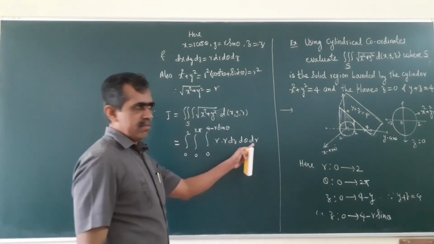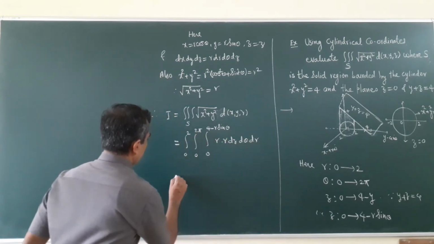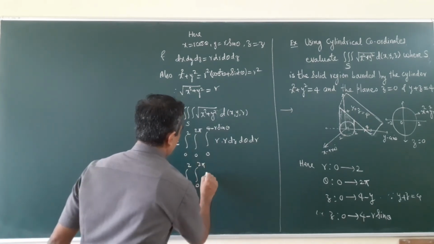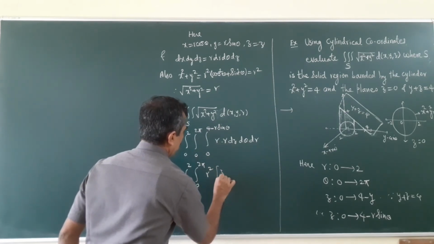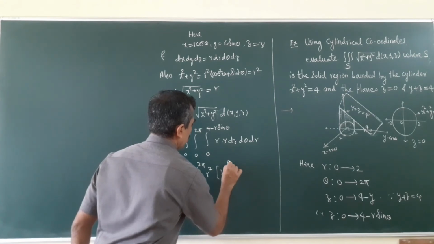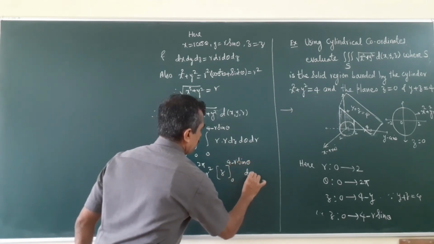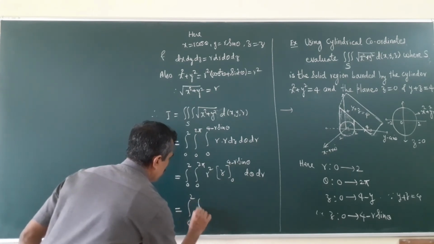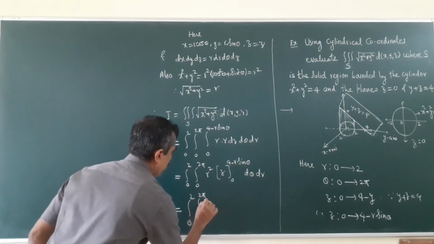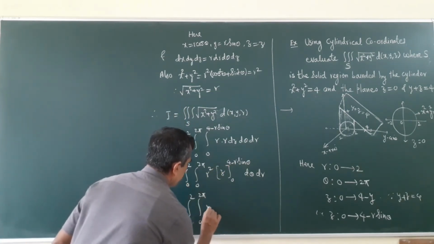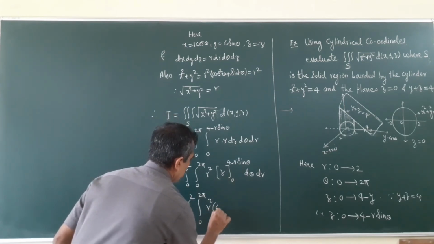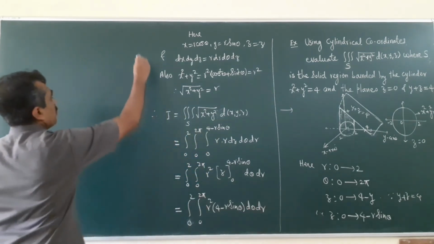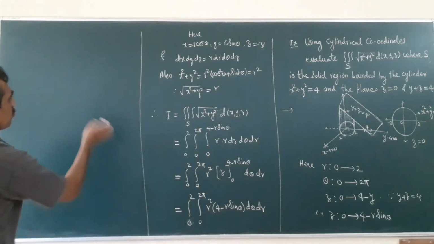So this is equal to the integral 0 to 2, 0 to 2 pi, of r square times z over 0 to 4 minus r sin theta, d theta dr. That gives the integral of r square into 4 minus r sin theta d theta dr. Now just do some calculations, and that will give you the answer.